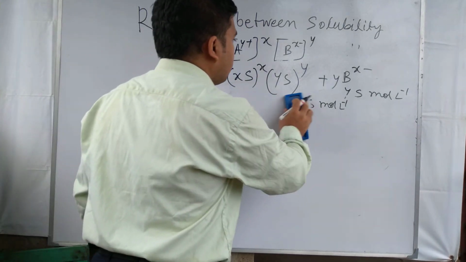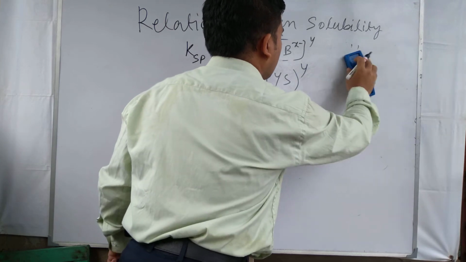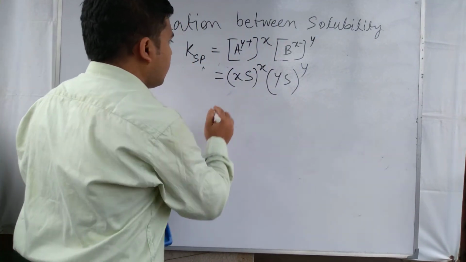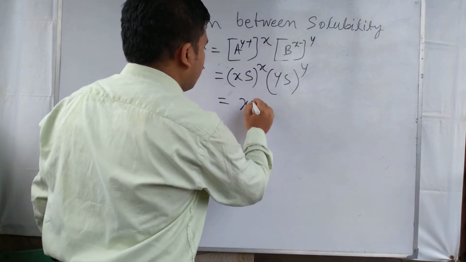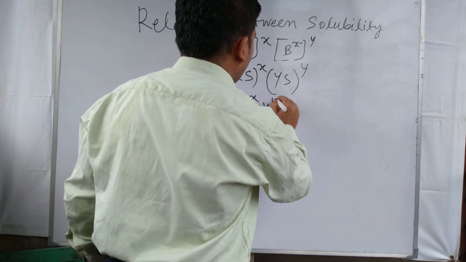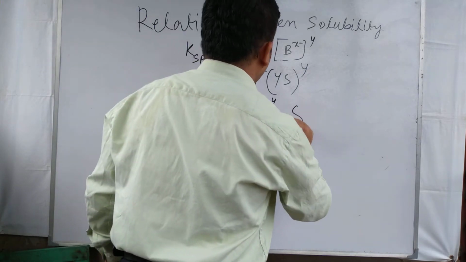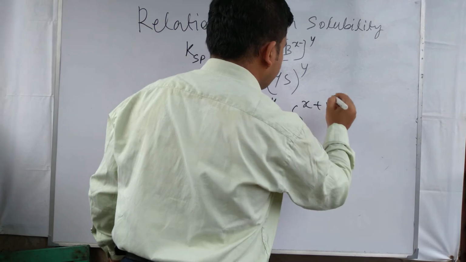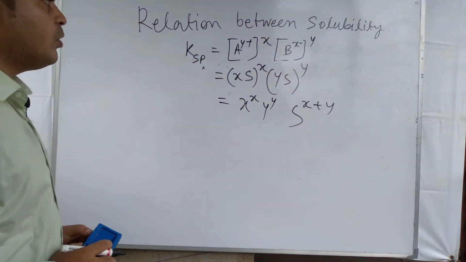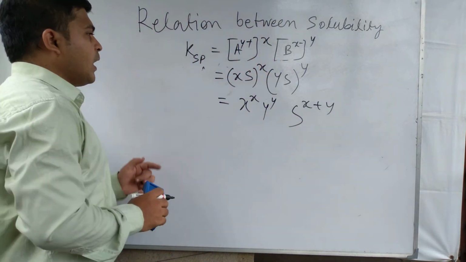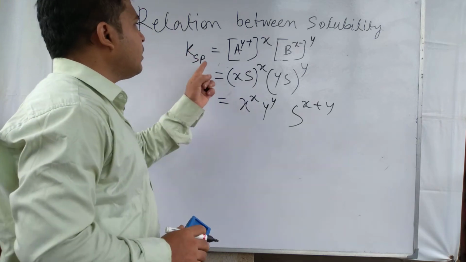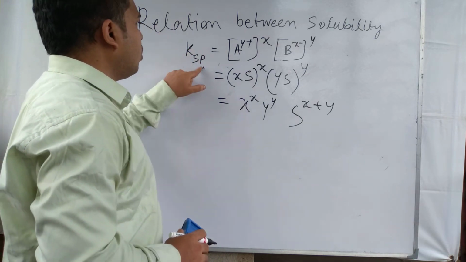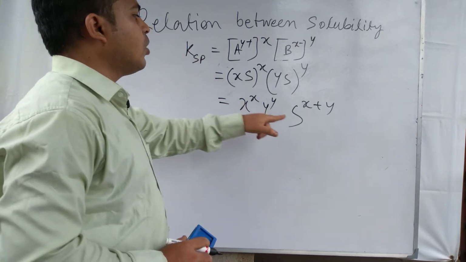So after all we get x to the power x, y to the power y and S to the power x plus y, and this is expressing the relationship between the solubility product and solubility.